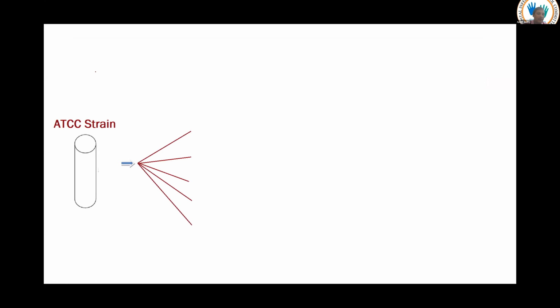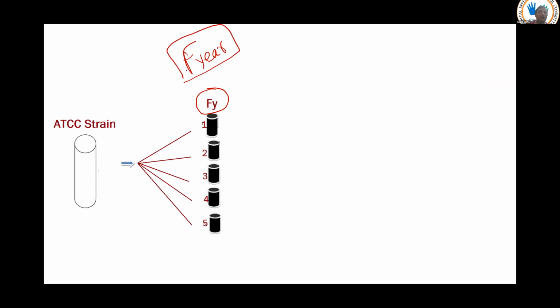After you buy a QC strain, you have to prepare 5 stock cultures. These are called FY stock cultures, Y for year. So yearly stock cultures, or FY stock cultures.